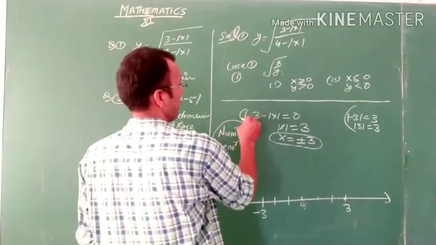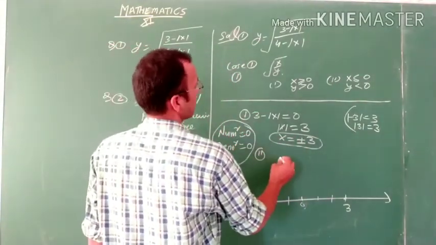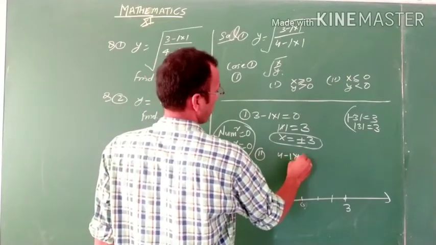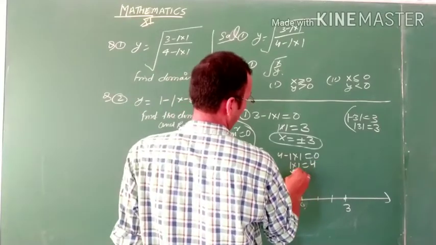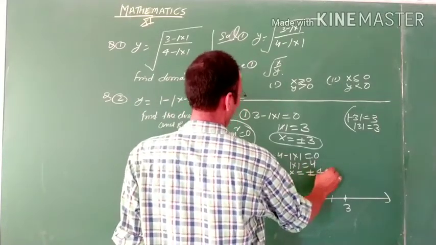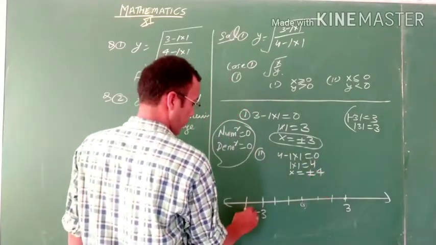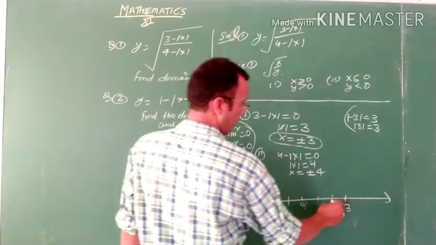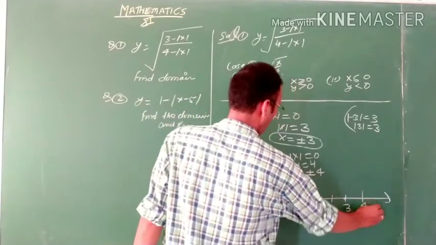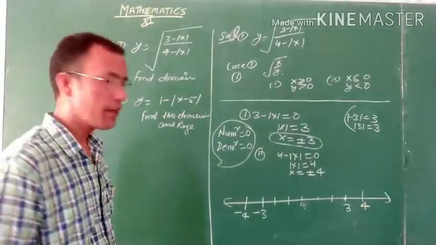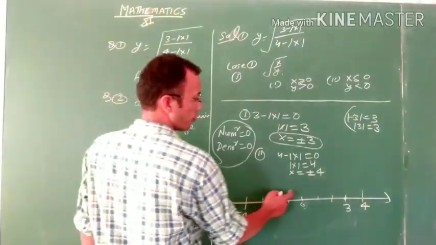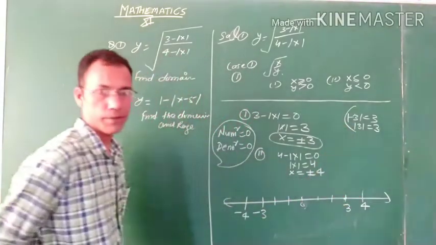How many intervals are there? There are 1, 2, 3, 4, 5 intervals.